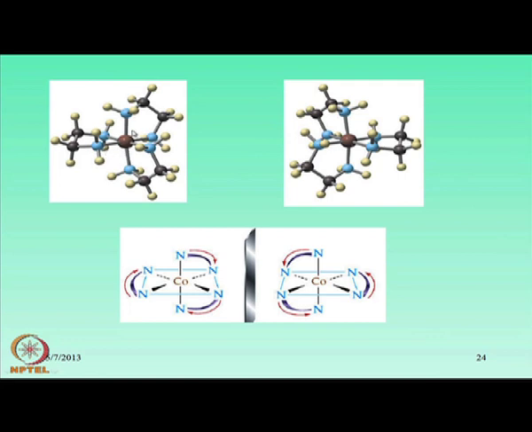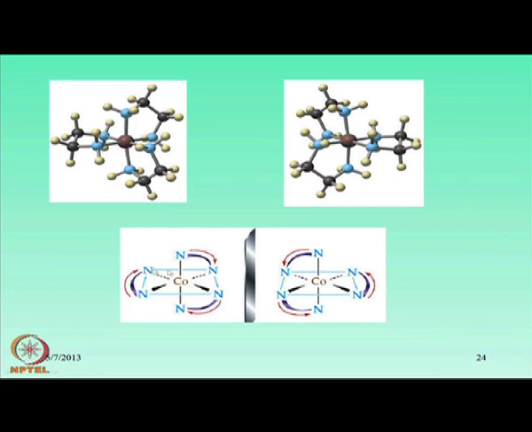Once this 3-dimensional arrangement is in our hands, we write it in this particular form: we write the cobalt and the square plane, then the atom which is above the square plane and the atom which is below the square plane, and then we complete the connectivity through the ethylene backbone.